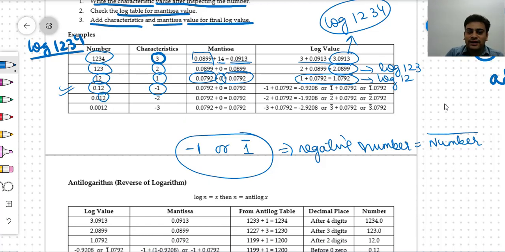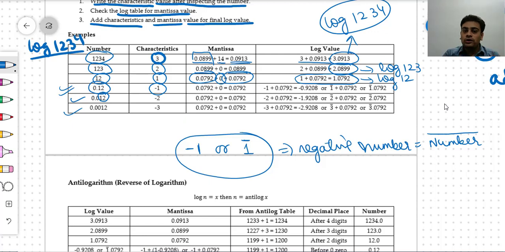Is this clear? This is a very important point: whenever your number is less than 1 but greater than 0, you will only look at the number, which is 12. In the third example I have written 0.012. In this case also you will only look at the Mantissa value for 12. You will not look for 0.12, or in the last case 0.0012.